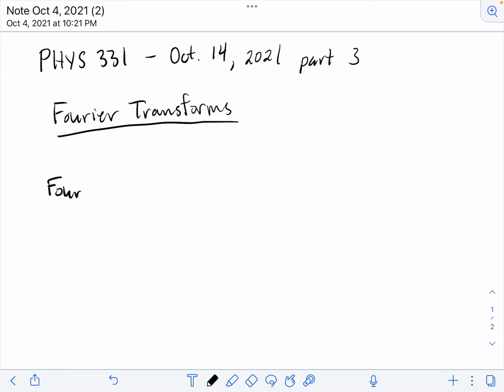The Fourier series allowed us to take a periodic function, so they work well for periodic functions.